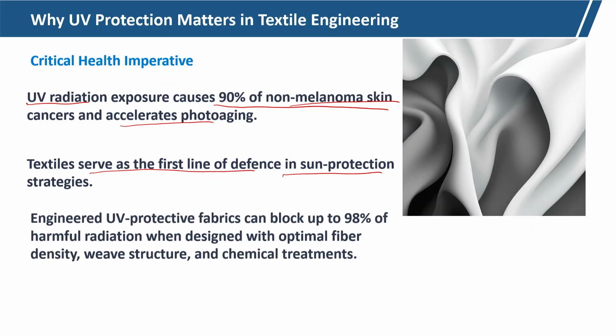So, engineering UV protected fabrics is extremely important, and by proper engineering we can block up to 98% of harmful radiation, with UPF 50 and above, by proper fiber engineering and optimum selection of fiber, fiber density, yarn density, yarn structure, weave structure and chemical treatment.